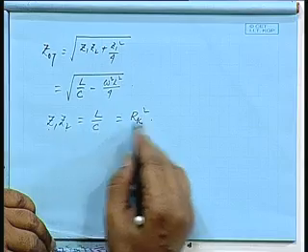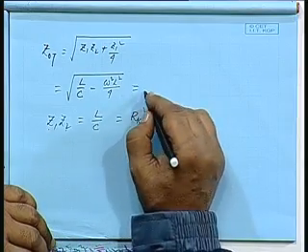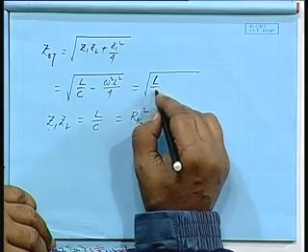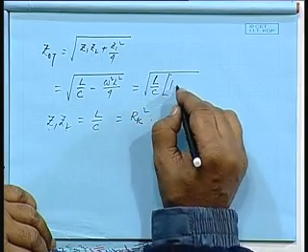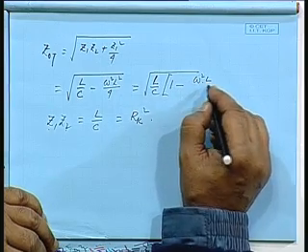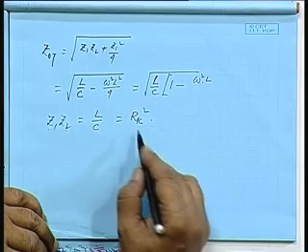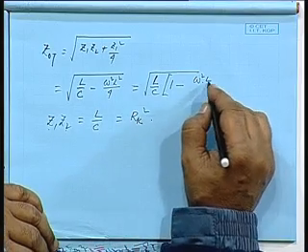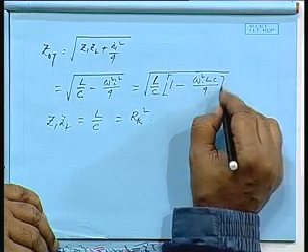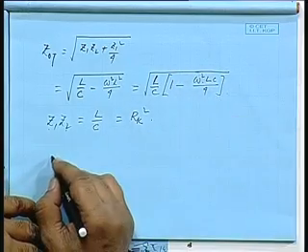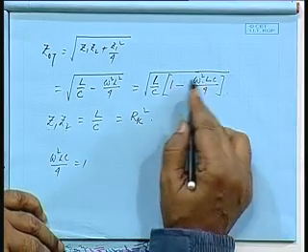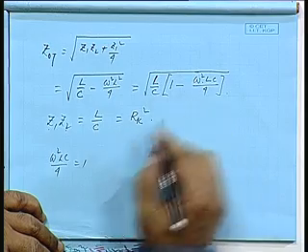So, L by C. So, this gives me root over of R k square, or okay, I can take L by C outside, then 1 minus omega square L C by 4, where L by C is R k square. When omega square L C by 4 equal to 1, this becomes 0.